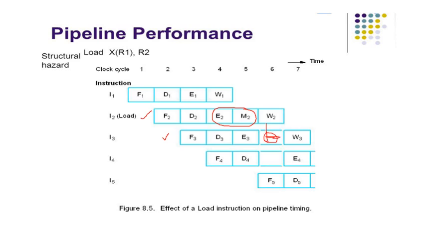Even though the instructions and their data are all available, the pipeline is stalled because one hardware resource, that is the register file, cannot handle 2 operations at once. If the register file had 2 input ports, that is, if it allowed 2 simultaneous write operations, the pipeline would not be stalled. In general, structural hazards are avoided by providing sufficient hardware resources on the processor chip.